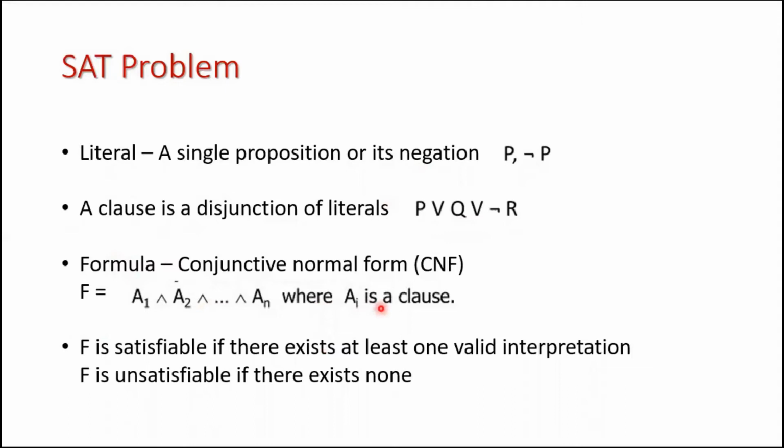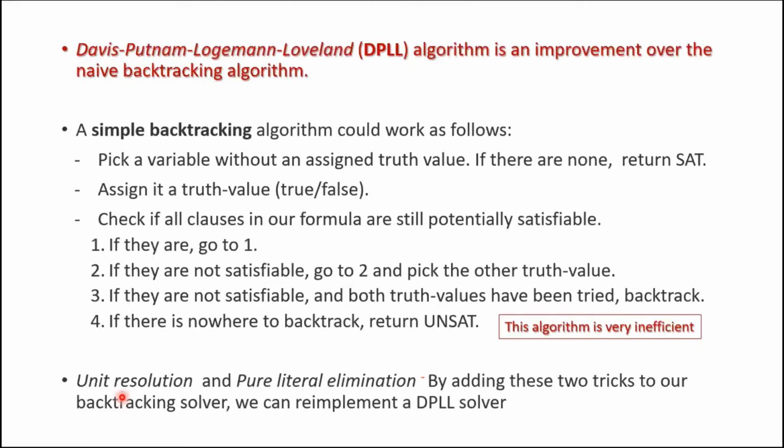If Ai is a clause, this is how we represent a formula. A formula F is satisfiable if there exists at least one valid interpretation, and F is unsatisfiable if there exists none, as explained earlier.